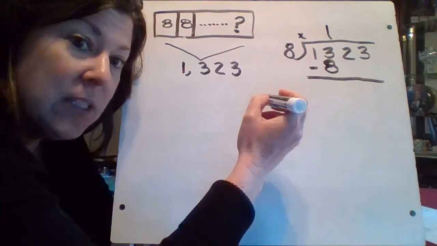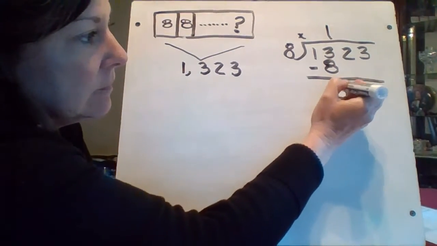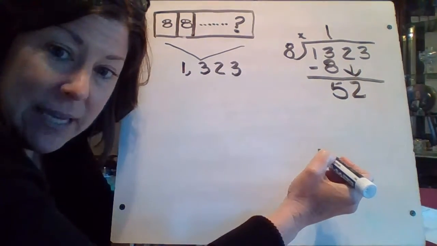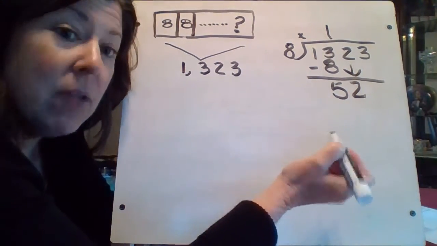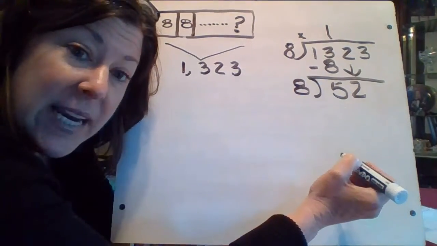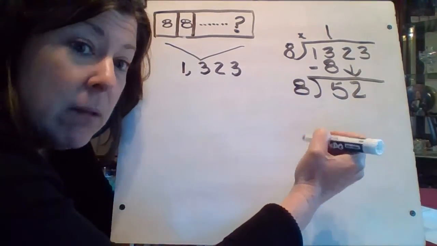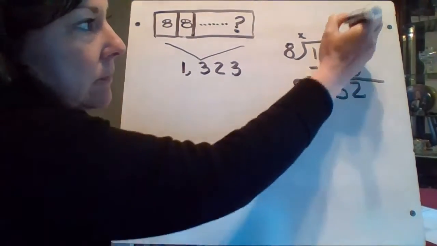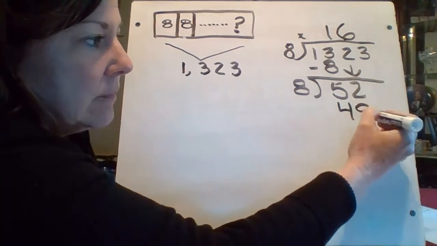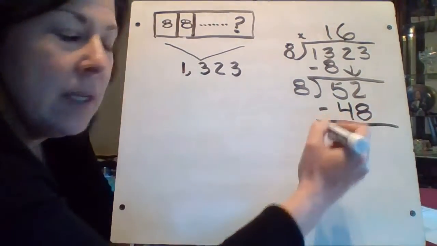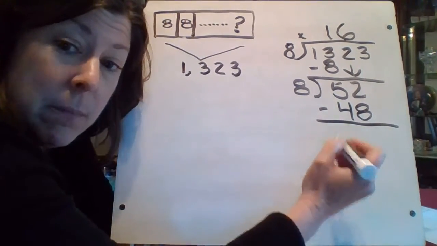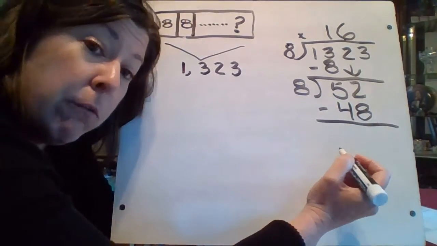13 minus 8 is 5. And I'm going to bring down that 2. If I bring down, I divide again. How many groups of 8 can I get from 52? Well, I can get 6 of them. 6 times 8 is 48, and 52 minus 48 is 4.